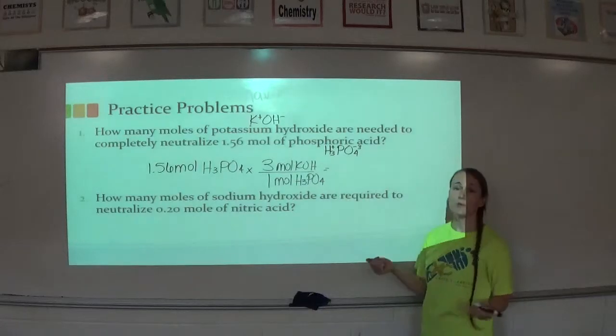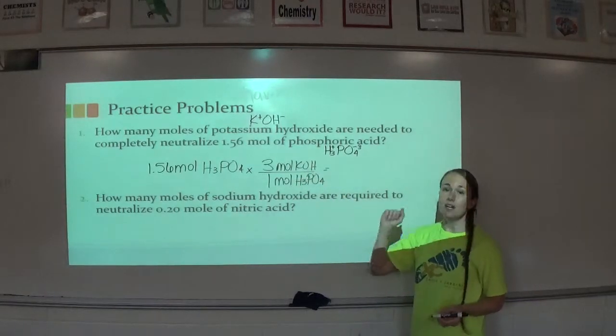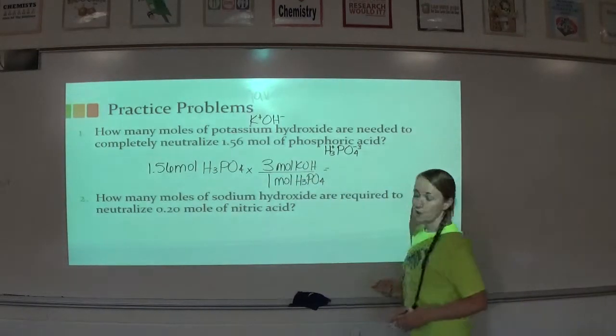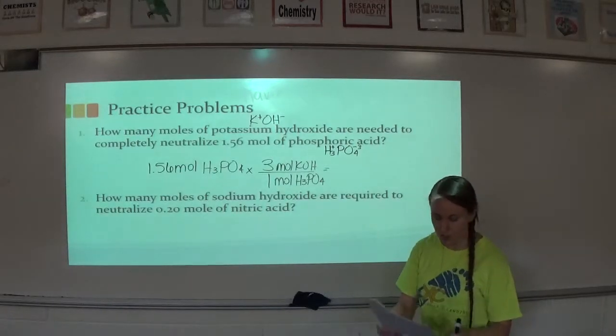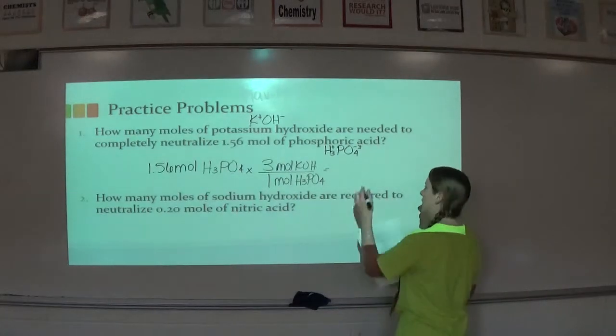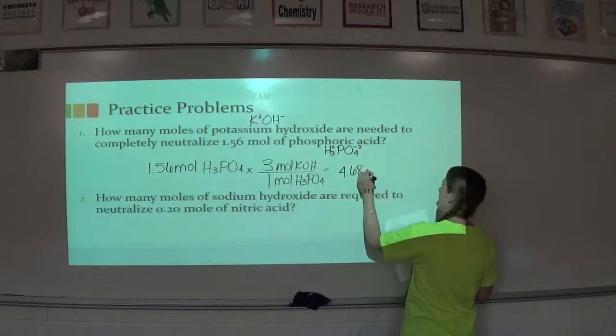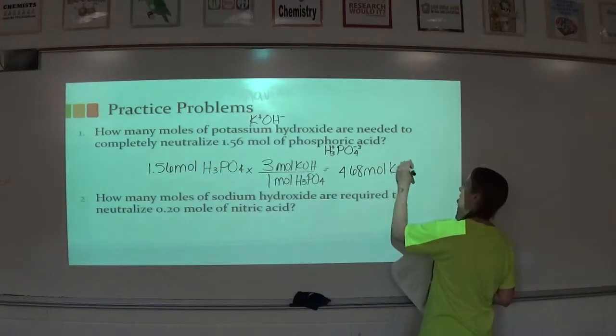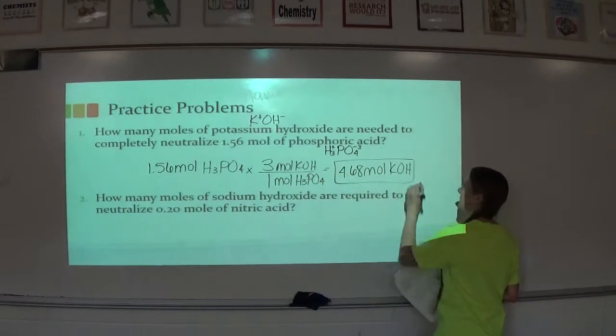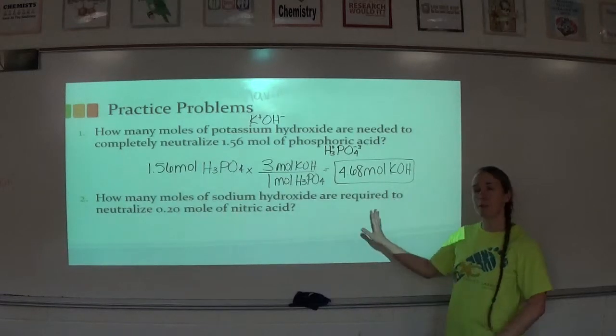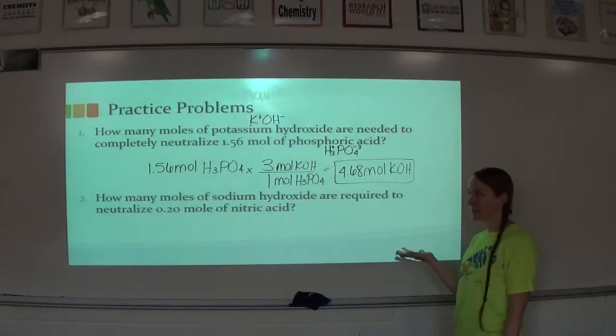So I put my 3 with KOH to make it 3 OHs. So then I just do 1.56 times 3, which I got as 4.68 moles of KOH. Alright, so maybe pause it, try the next one, and then we'll look at it together.